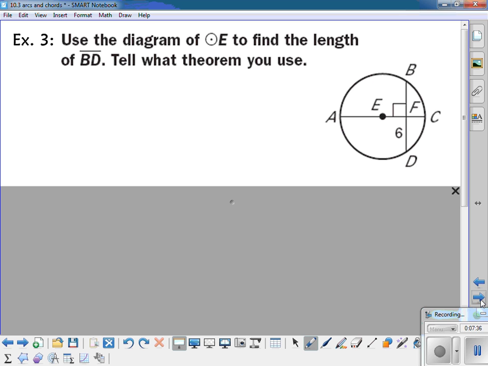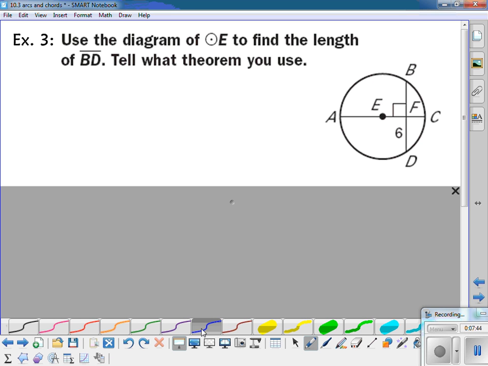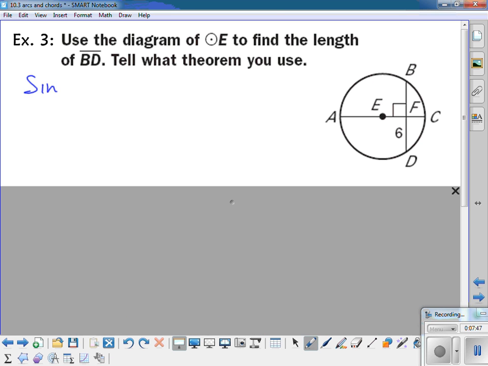All right, example 3, we're going to use the diagram of circle E to find the length of BD. Tell what theorem you use. All right, so I can see in the figure that AC is a diameter. And I can see that AC is perpendicular to BD.